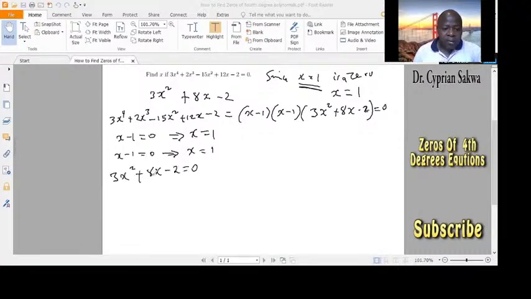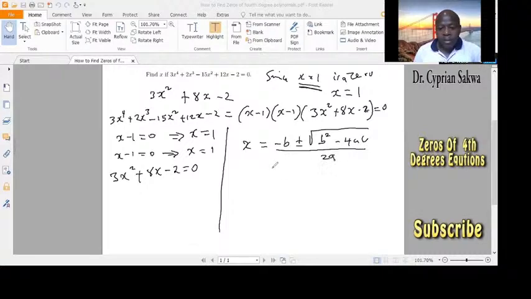This one we've seen that we cannot factorize. Let's find the value of x using the quadratic formula. So x will be equal to negative b plus or minus the square root of b squared minus 4ac, over 2a.